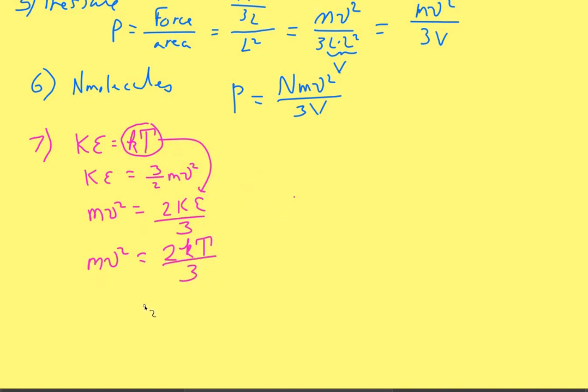Then we can substitute into here for pressure, and we will say that pressure is equal to N, and instead of mass times velocity squared, we'll put 2kT over 3, and we still maintain our 3V. And then we'll simply take all of these constants, not the N, but the 2 and the 3 and the 3 and the k, and combine them to be called k, so this will become NkT over V.